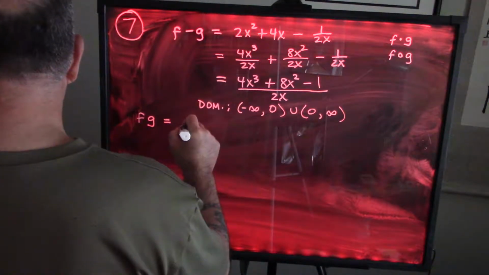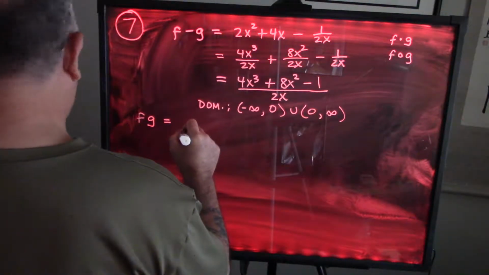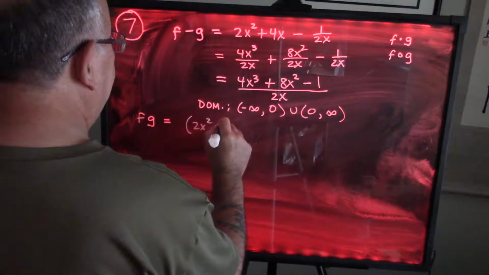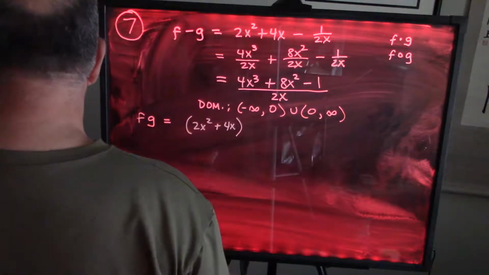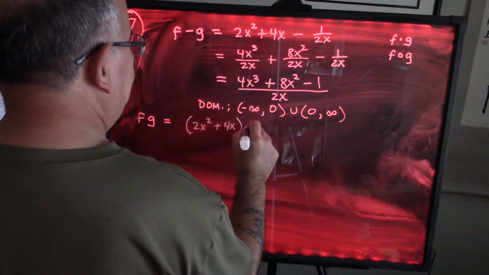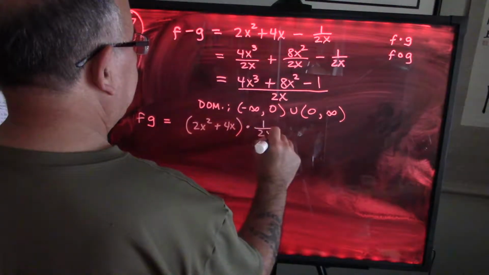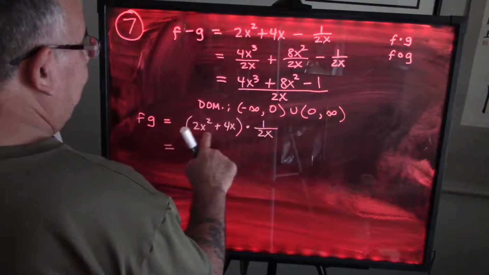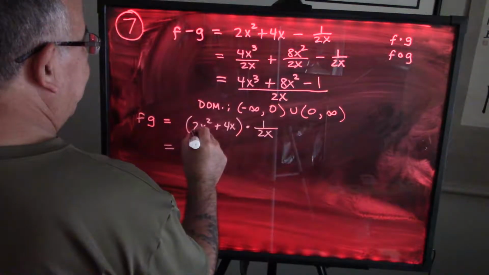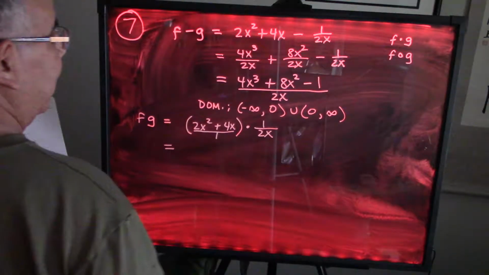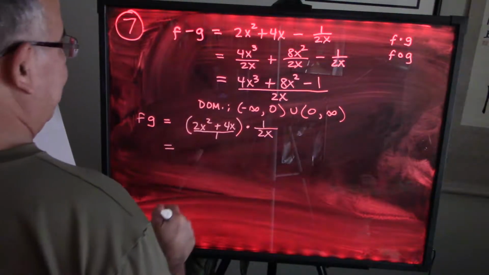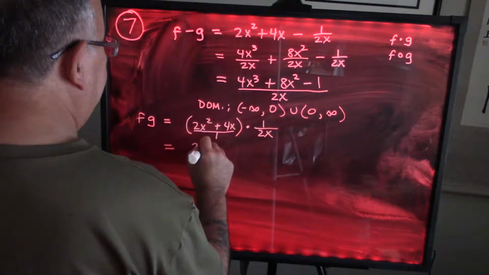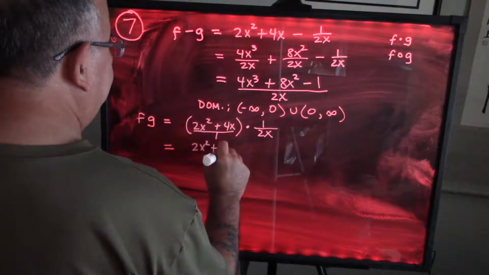So, let's see, f is 2x squared plus 4x, so put that in parentheses, 2x squared plus 4x times g, which is 1 over 2x. There you go. All right. So think of all that as being over 1, right? You could write over 1 if you want. So you're multiplying two fractions. So 2x squared plus 4x times 1 is 2x squared plus 4x.